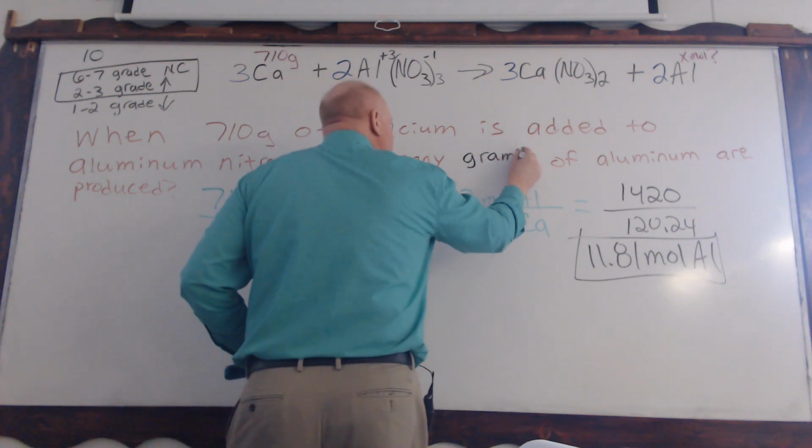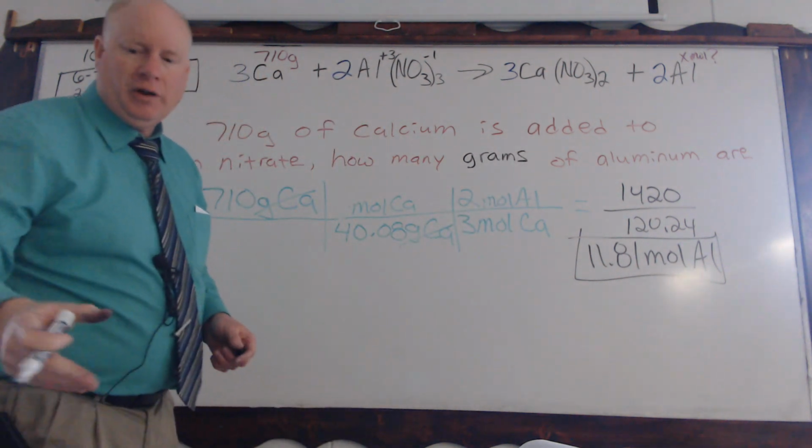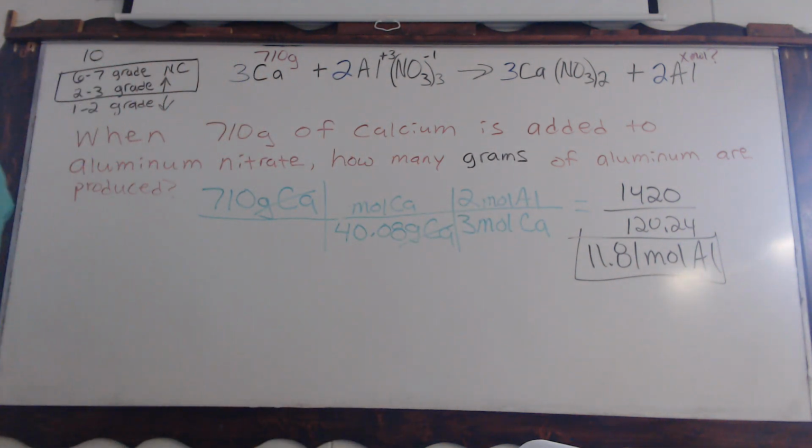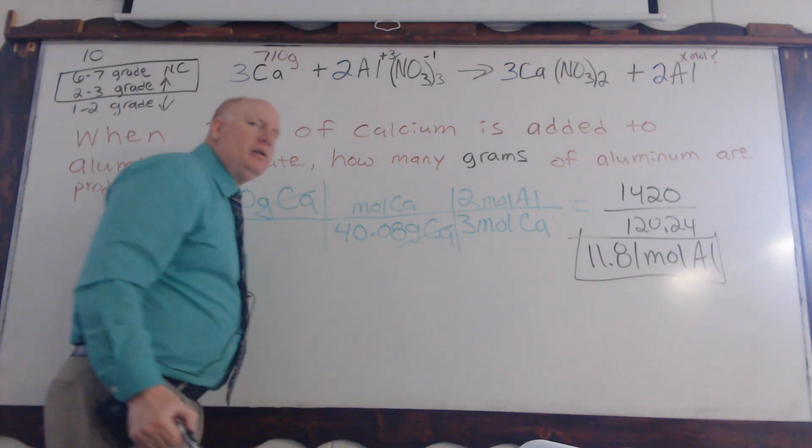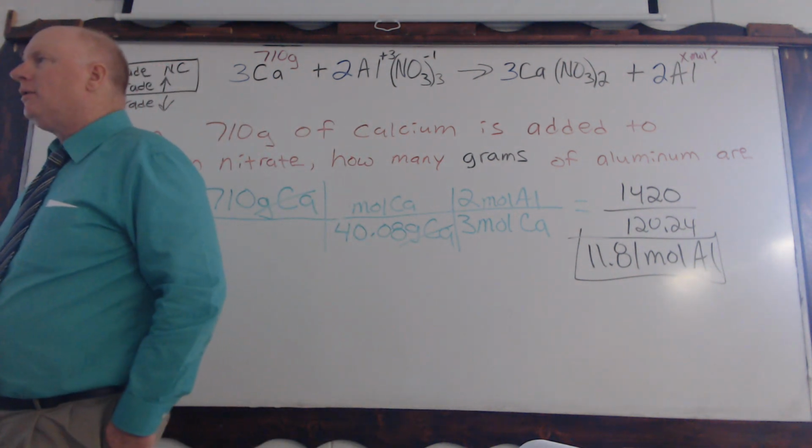Now, we don't need to reinvent the wheel here. In other words, starting all the way back from square one, you can. But what can you do in reference to this number? Notice we did mass to moles.